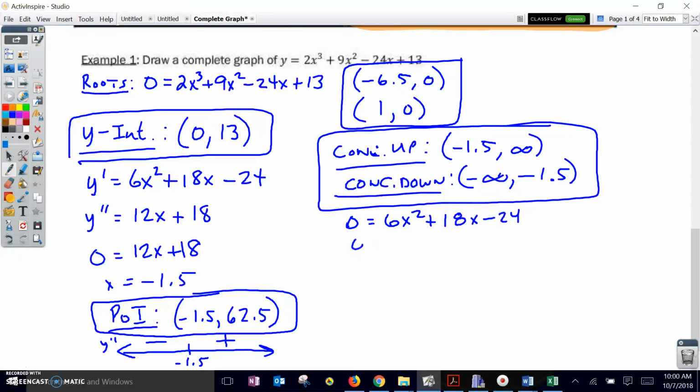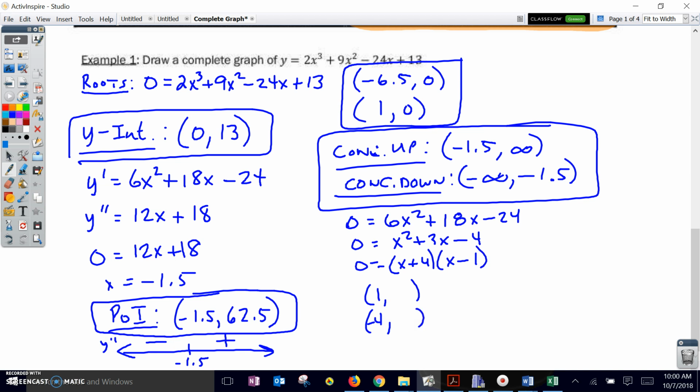If I divide all that by 6, this factors as x plus 4 times x minus 1. And so we have extreme values at 1, comma something, and negative 4, comma something.